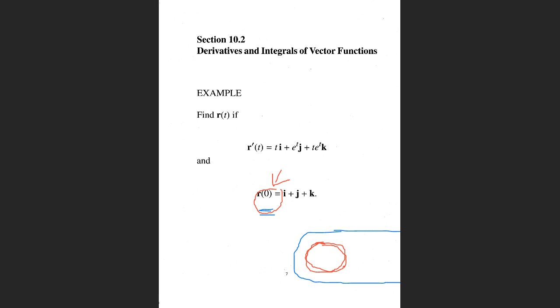So what we have to do is integrate this derivative vector. But how would we integrate a vector? What would make sense to integrate in integrating a vector? Okay, let me show you how we do it, and it'll make a lot of intuitive sense.